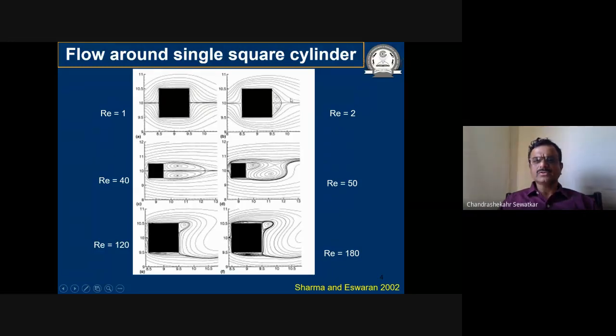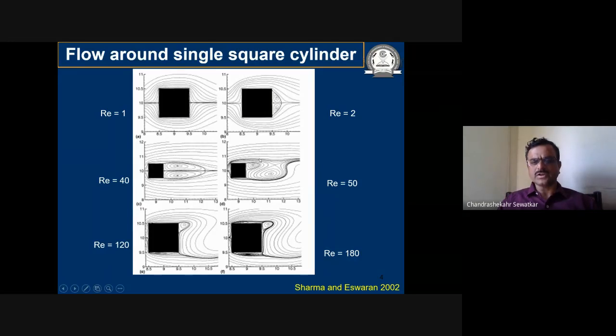So here also the separation has not occurred. When the Reynolds number goes to 40, the size of the vortices has increased. But when your Reynolds number is 50, you can see the flow actually separates from the surface, and a good amount of velocity gradient is developed on the surface, and that gradient of velocity develops the vorticity.